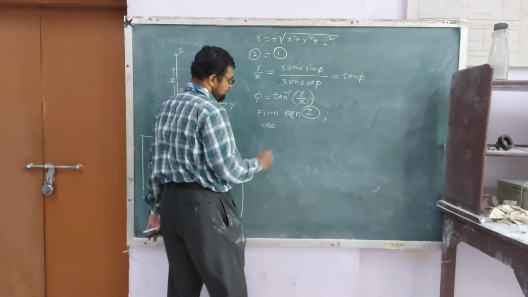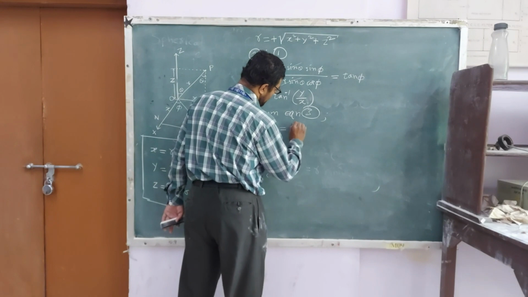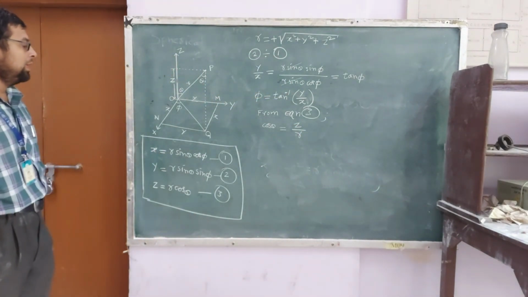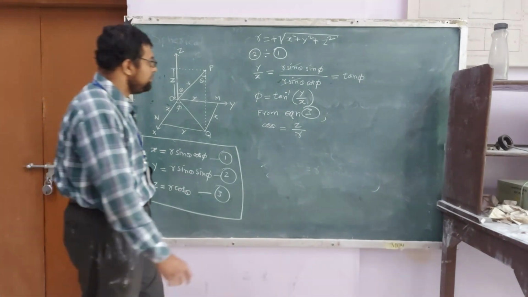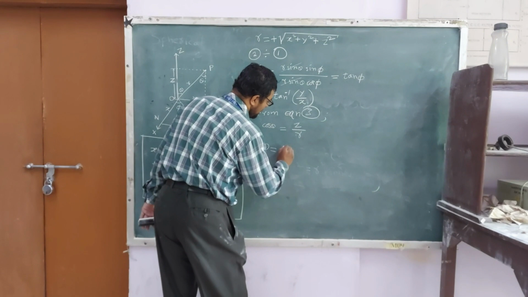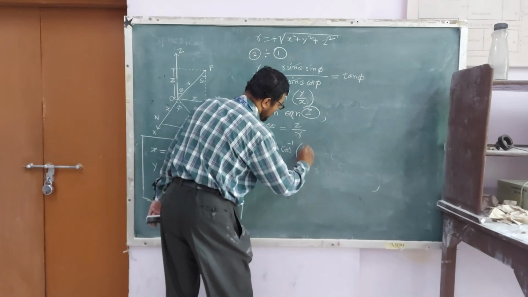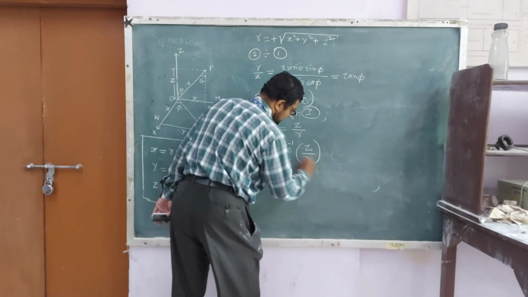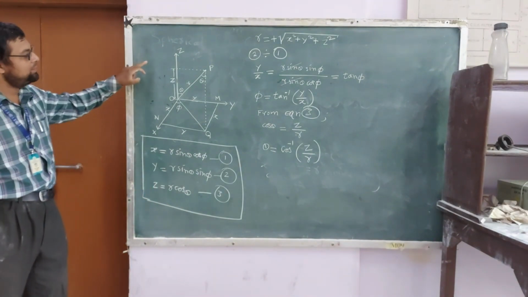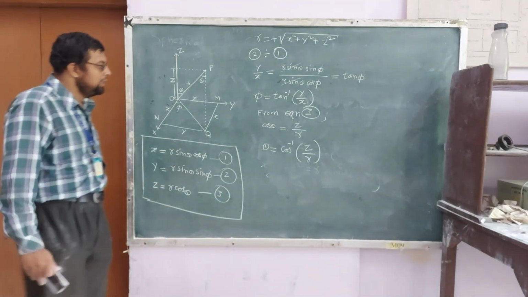Cos of theta is equal to z divided by r. So this implies our theta is equal to cos inverse of z divided by r.